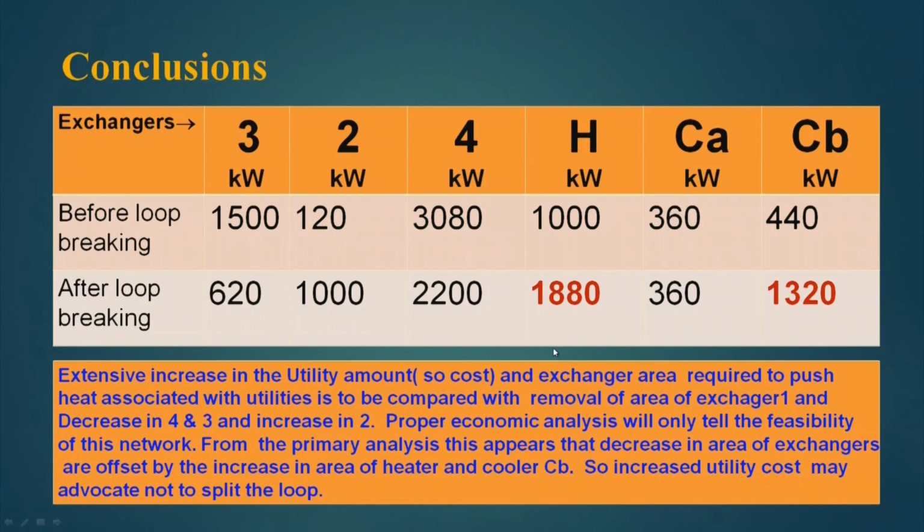So, as far as fixed cost is concerned, they have nullified each other, but the operating cost has increased by 2 into 880 because the utility cost has increased. So, increased utility cost may advocate not to split the loop. So, what we see is that there is a chance that the economics will not favor the split.